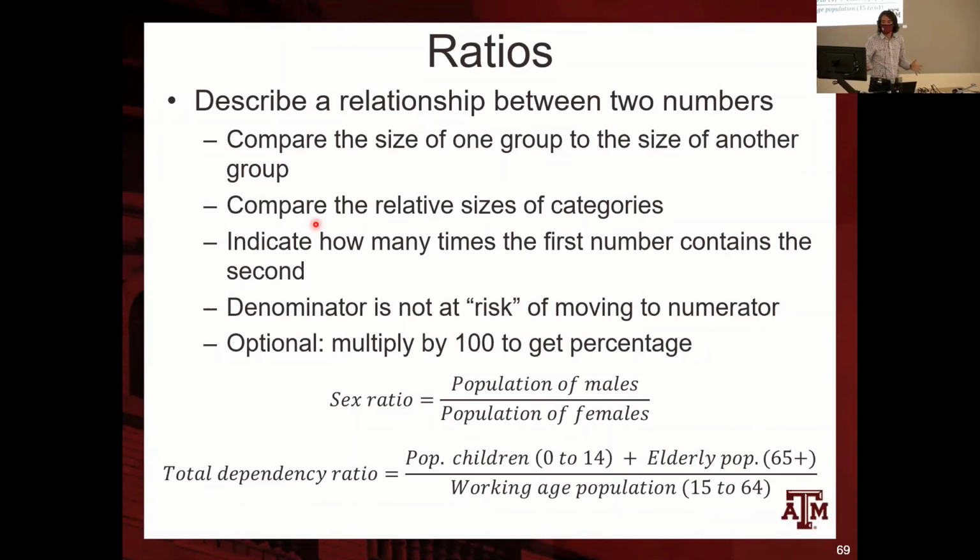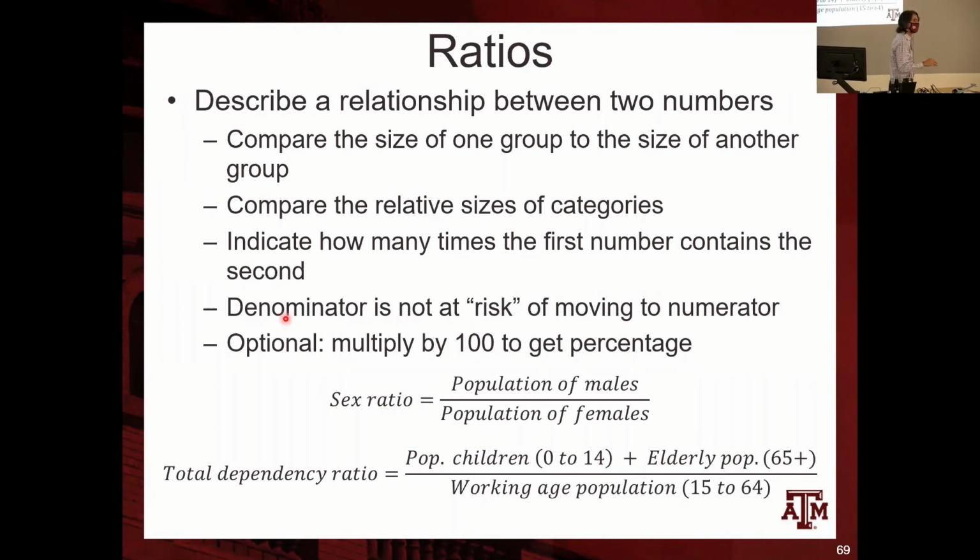Ratios indicate how many times the first number contains the second one. And in ratios, the denominator is not at risk of moving to the numerator. This term, being at risk of moving to the numerator, is pretty much saying that someone in the denominator has a chance of experiencing an event that will be counted in the numerator. In ratios, that does not happen.